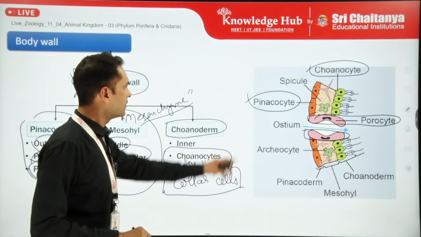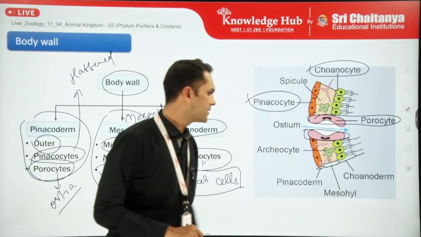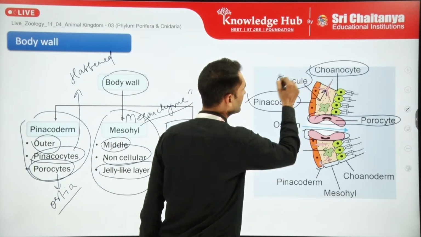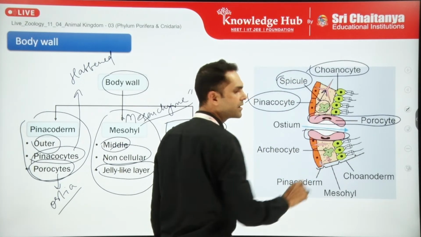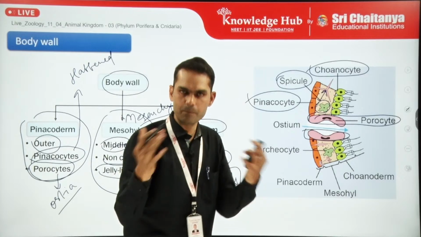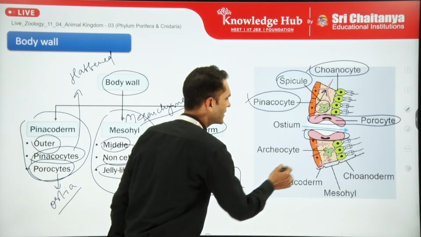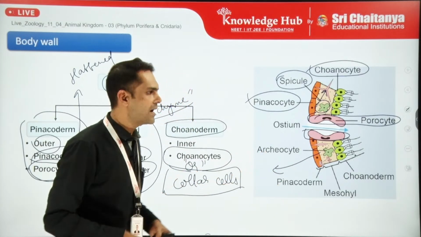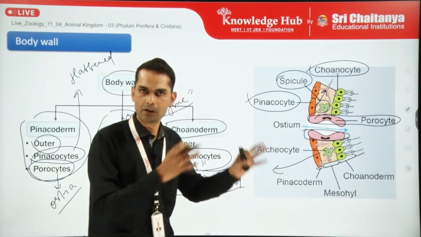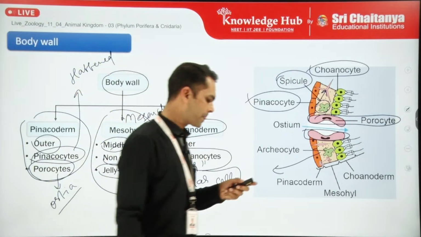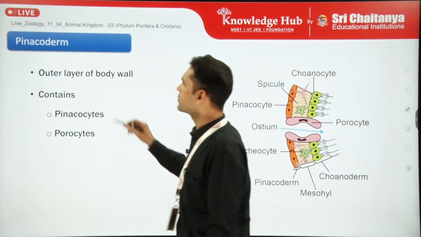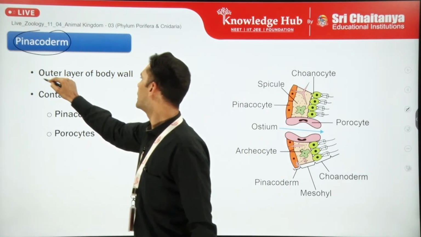So here is the arrangement of all the layers. We can see that these are the spicules, and these are the different other types of cells which we call amoebocytes, and this is the jelly-like layer, composed of jelly-like substances, and in between the spongin fibers will also be present.